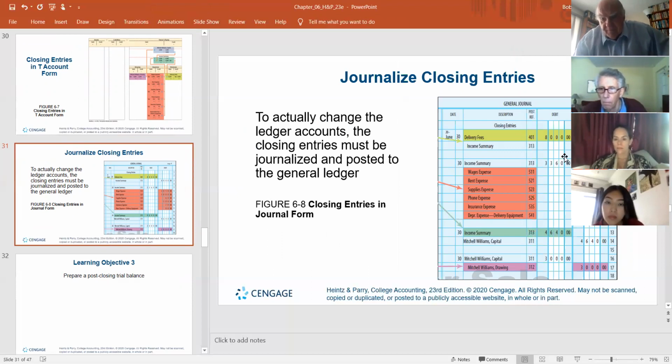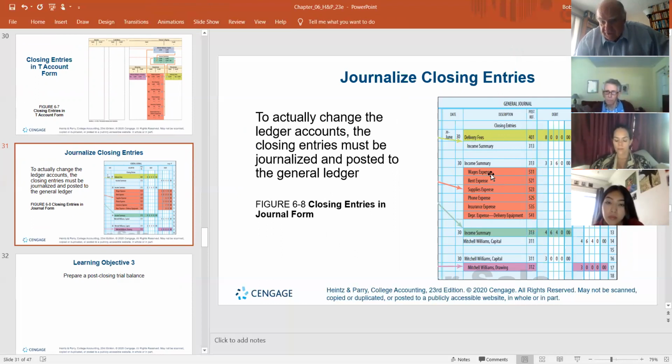In other words, one separate journal entry for your revenue accounts. You might have 3 or 4 or more revenue accounts. If you're a store, you might have sales dash shoes, sales dash pants, something like that. All of your revenue accounts are going to be debited to zero them out.